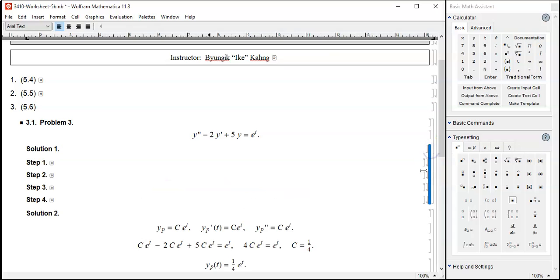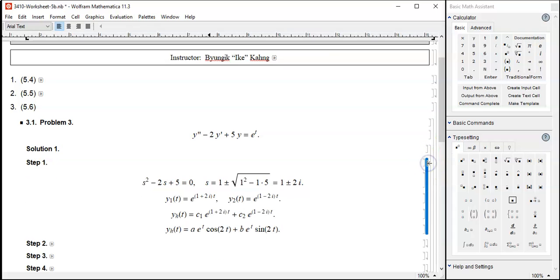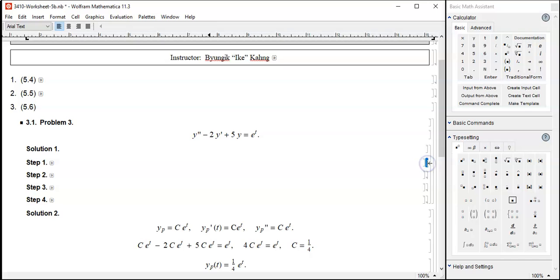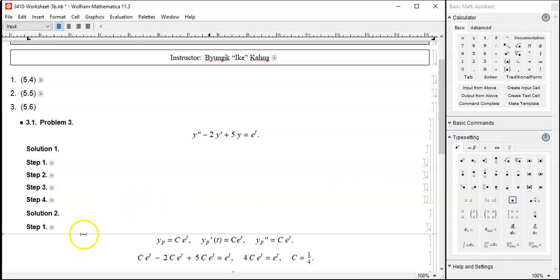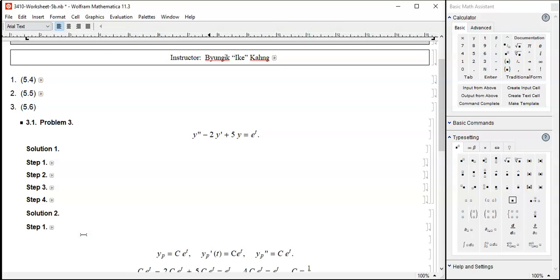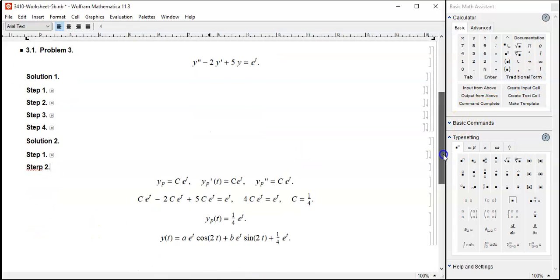Let's see, from the first solution, step 1 is the same. So let's copy and paste the step 1 homogeneous part. And what we did is step 2 of the solution. So step 1 is common.